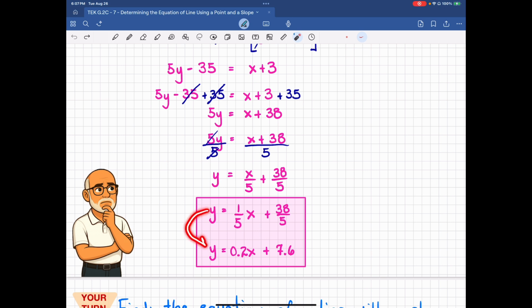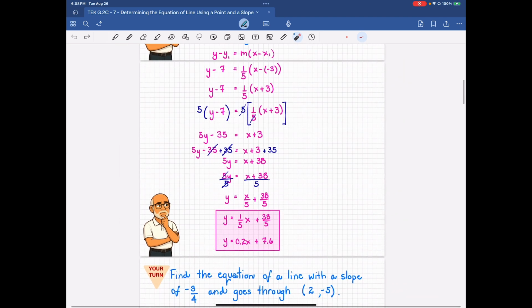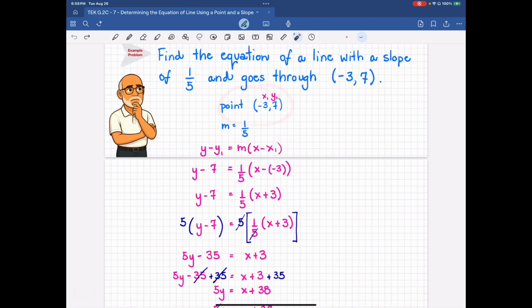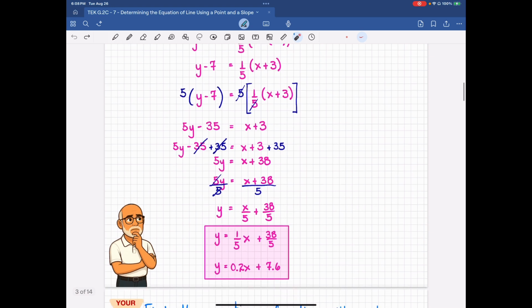All I did to get to this expression was divide 1 by 5, and that gives me 0.2. I divided 38 by 5, and it gives me 7.6. So these two equations are equivalent expressions. Either of these will work. This is our final answer, or these are our final answers.